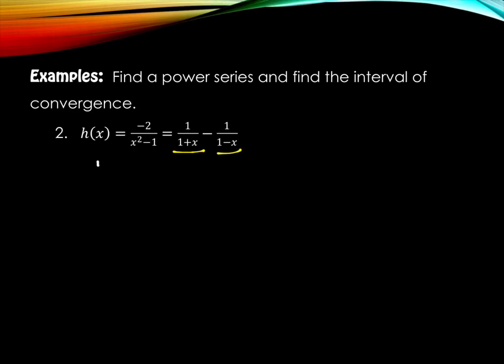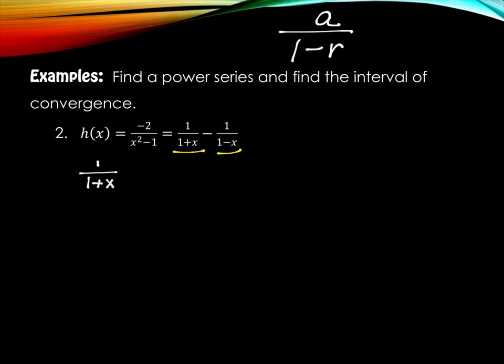I have 1 over 1 plus x. I need this to look like the form a over 1 minus r. It's not far off. What's not quite right?